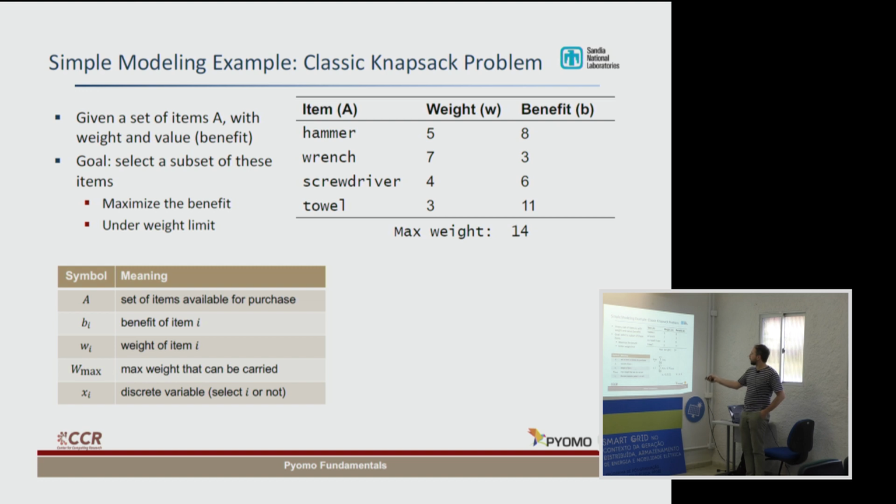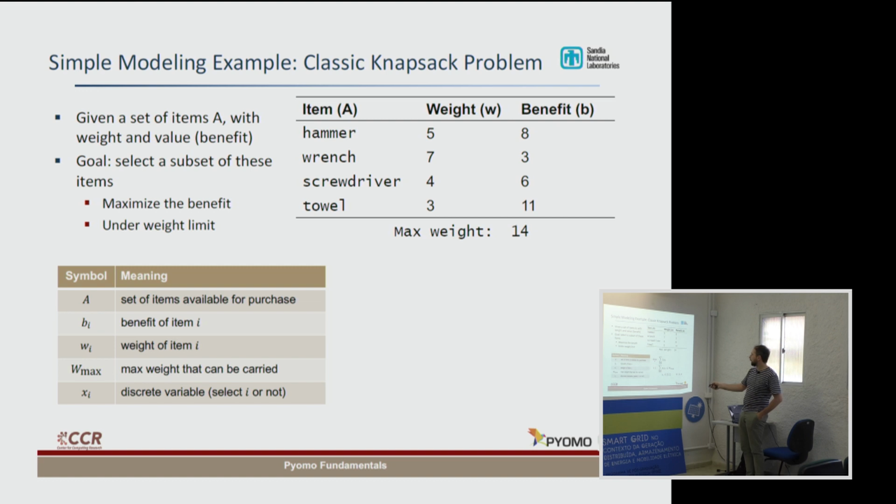So here I wrote down the equation. We want to maximize the benefits of all the goods. If I take, for instance, the first, I will sum up the benefits 1, and if I don't take it, then the product is 0.